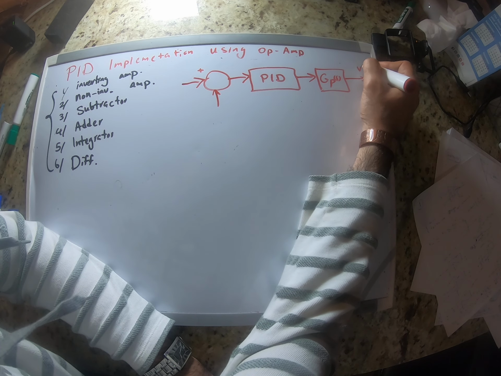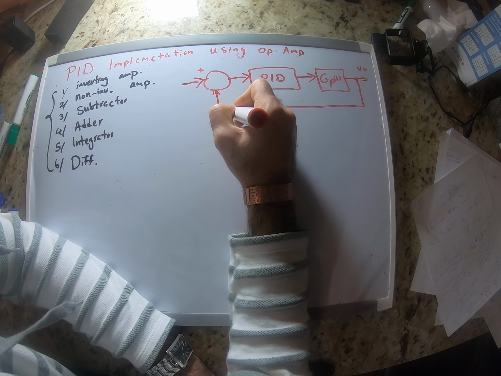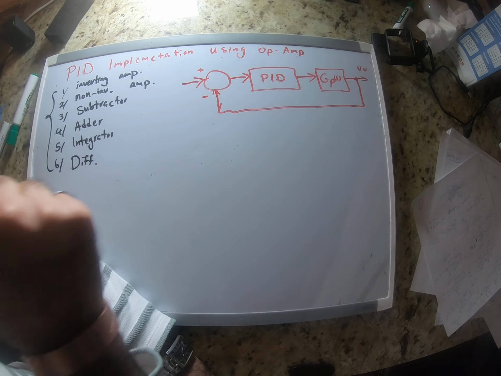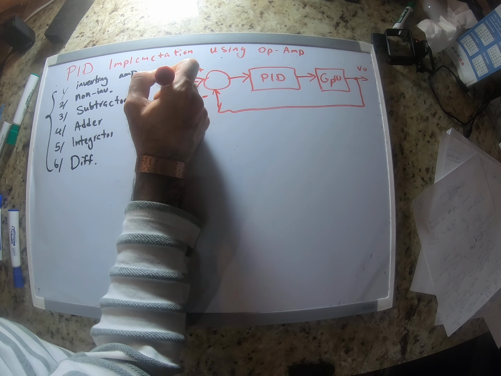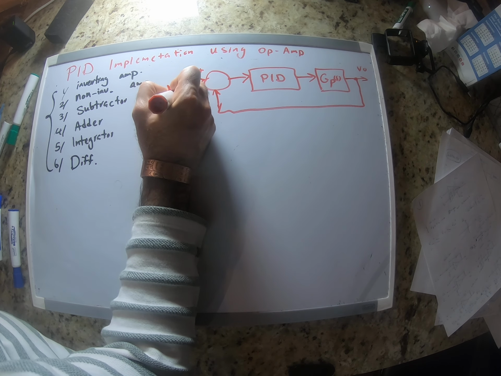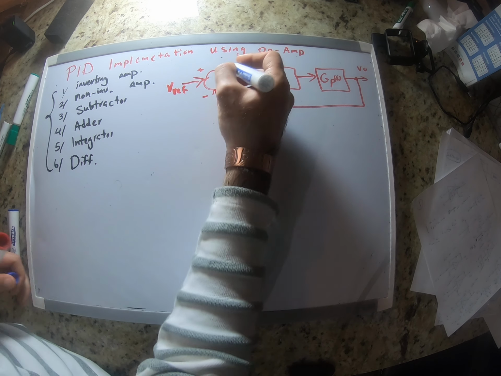This is our output. Let's say we don't have any sensor. This is our ref, and if you remember, this one is the error.